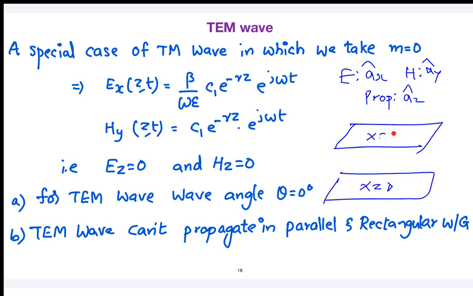What happens to the electric field when it is trying to enter? Is it trying to enter perpendicular to the plates or parallel to the plates? Perpendicular. Yeah. So when the electric field is perpendicular, what happened to the reflected component? Perpendicular only.